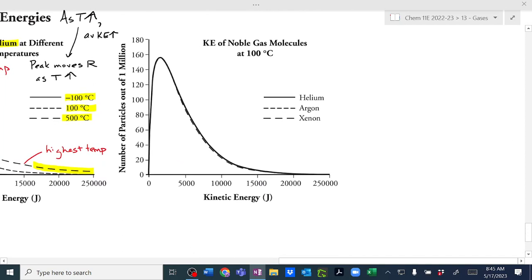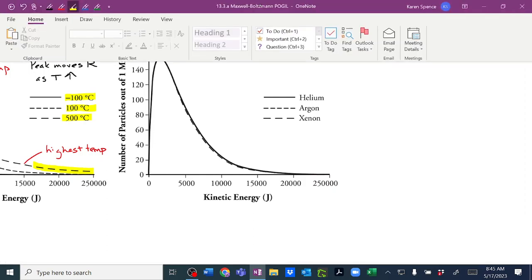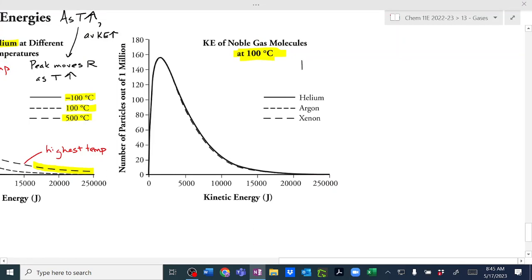Now, here we have the kinetic energy of noble gas molecules. This time they are all at the same temperature. Energy is equal to 1/2 mv squared.